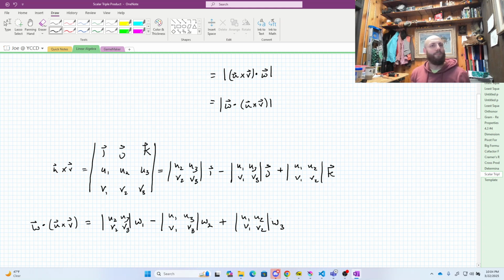I'm just adding these up. But that's the exact same thing I would have gotten by taking the absolute value of the determinant of a matrix that has w across the first row, u on the second, and v on the third.